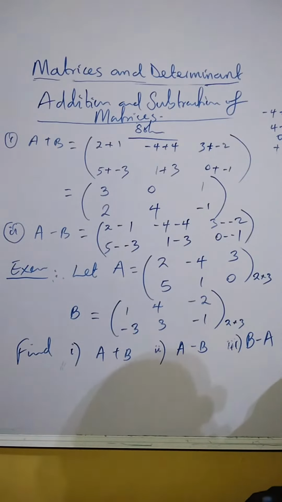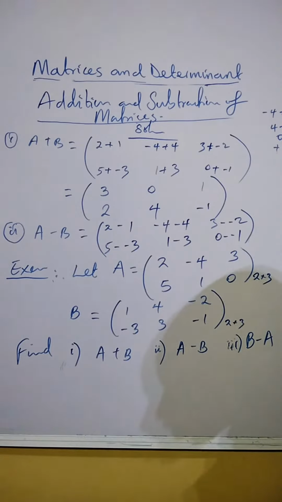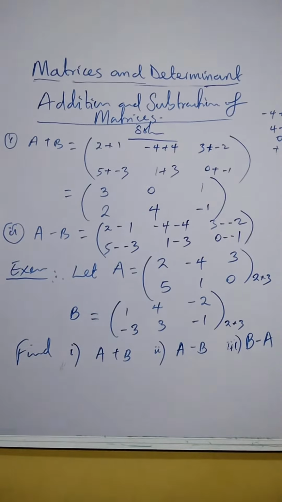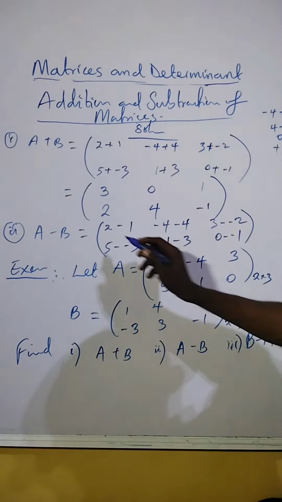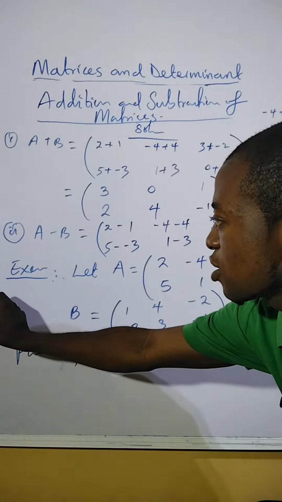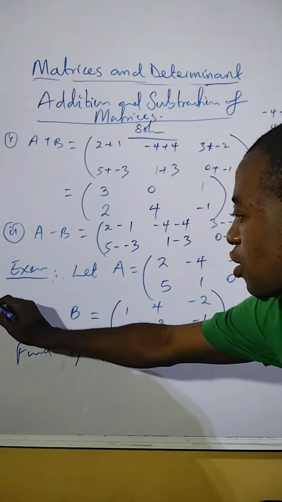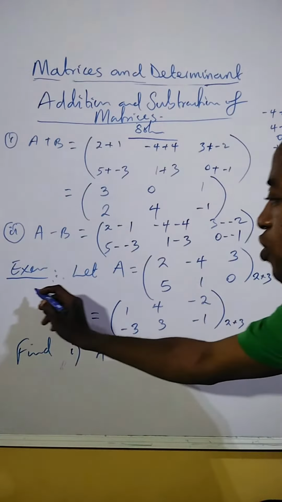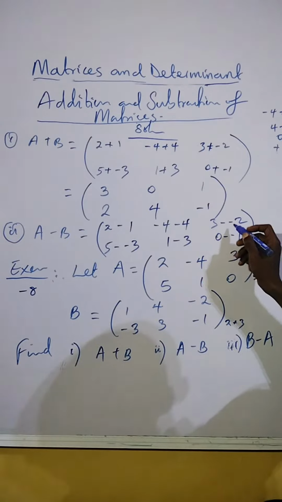Now the results. 2 minus 1 is 1. Minus 4 minus 4 gives us minus 8. 3 minus minus 2: minus minus turns to plus.